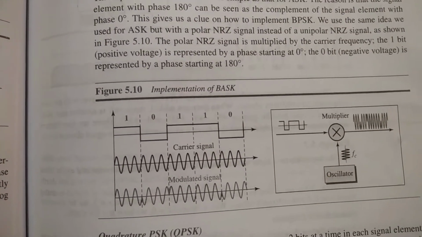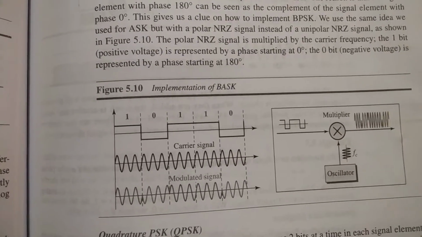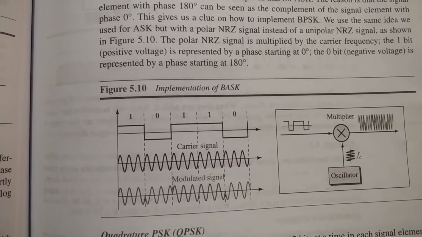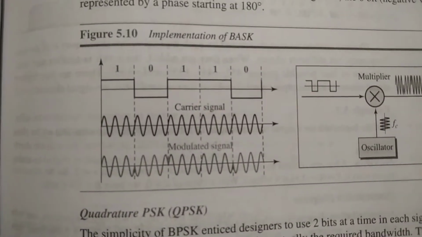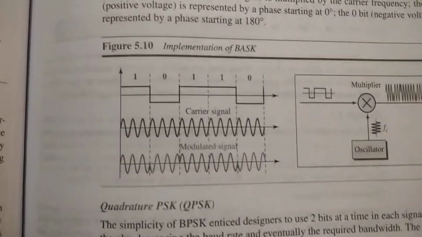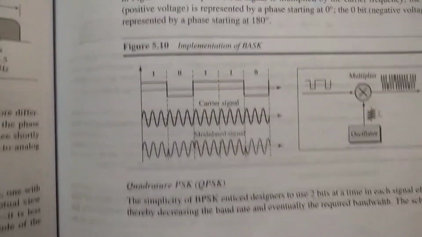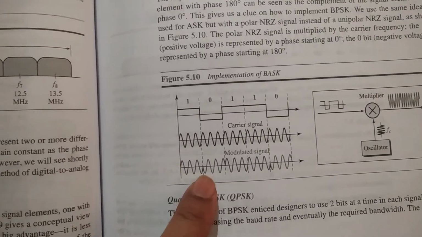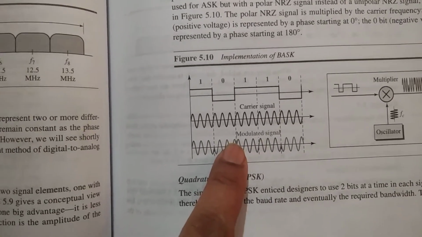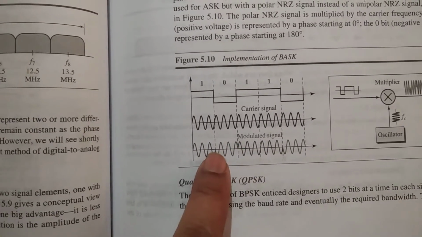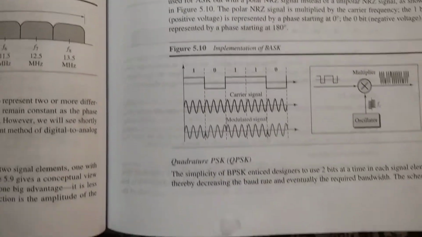When these two are multiplied with the multiplier device, we'll get a modulated signal. In the diagram you can see the modulated signal has different phases: wherever 1 comes we have taken 0 degree, and wherever 0 comes we have taken 180 degree.